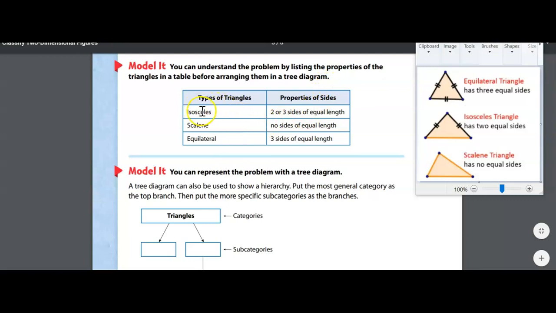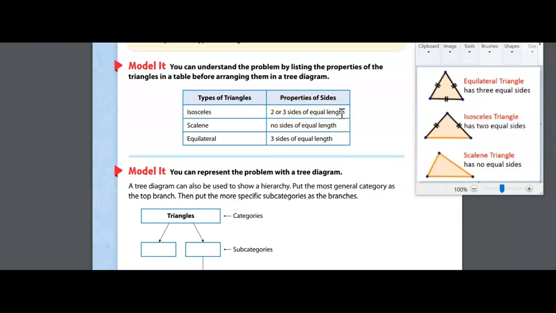So I know that an isosceles triangle has 2 or 3 sides of equal length. All triangles have 3 sides. So an isosceles triangle, which we have right here on our anchor chart, has 2 or 3 sides of equal length. So this isosceles triangle has 2 sides of equal length, because this side is longer than both of those sides.